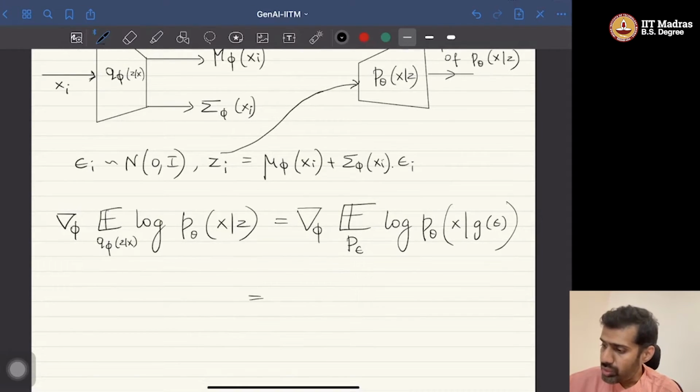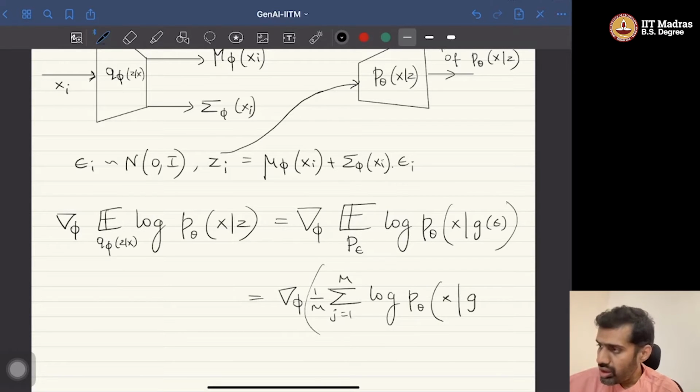So this is now equal to the gradient of, now this expectation will be written in terms of sample averages. So this is log of p theta of x given g of epsilon j, which can be computed now.